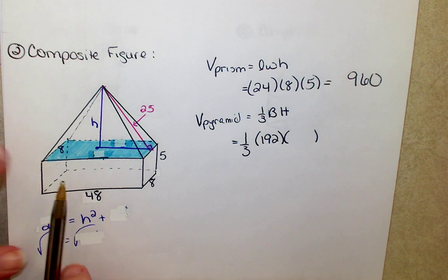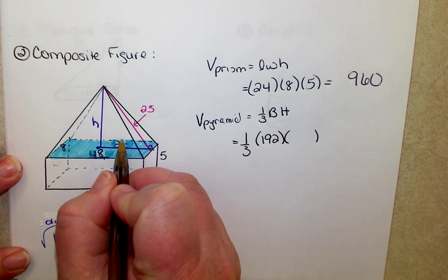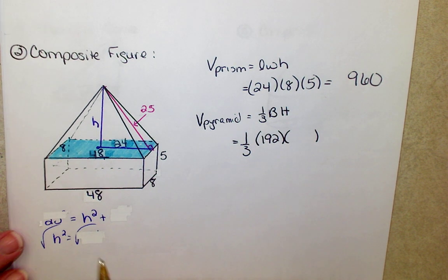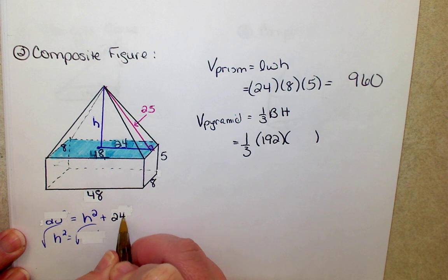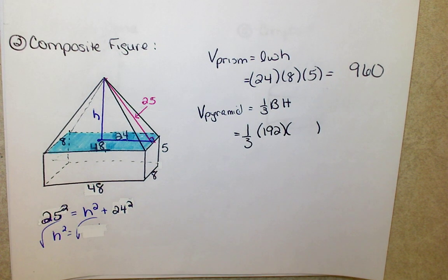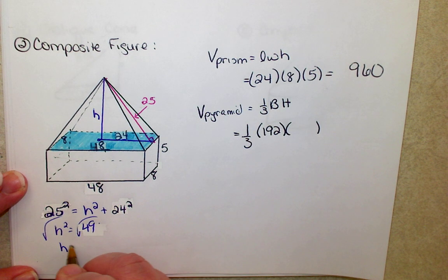All right, so if the whole side is 48, then half of that would be 24. There. All right, so let's try this again. This will still be 25. All right, so 25 squared minus 24 squared gives us 49. And then taking the square root, we get h equals 7.